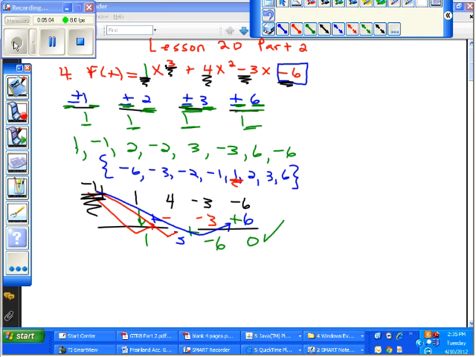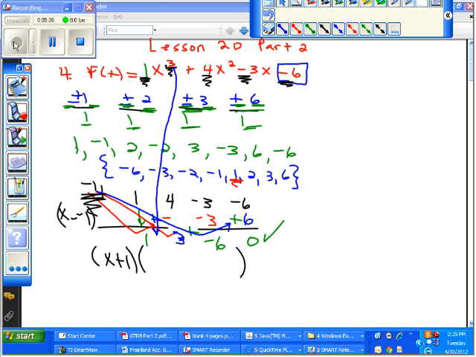And so if negative 1 is a root, then x minus negative 1 is a factor, and x minus a negative 1 looks like an x plus 1. And then what we end up with down here is going to be one less exponent than what we had there.